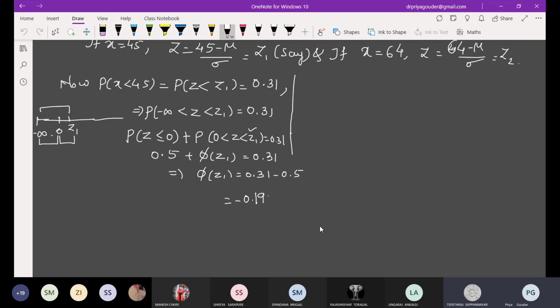Okay, so just write: phi of 0.5 is 0.1914. You will not get exactly the same, you may get some approximate value.